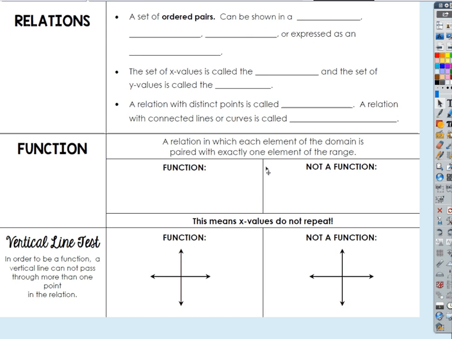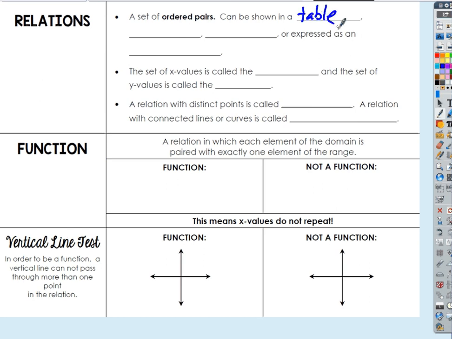So first of all, a relation is simply a set of ordered pairs. And it could be an infinite set of ordered pairs, or it could be a finite set of ordered pairs. A relation in math is exactly what it implies. There's a relationship between the input values x and the output values y. Okay, it can be represented in a bunch of ways. We could represent it with a table.